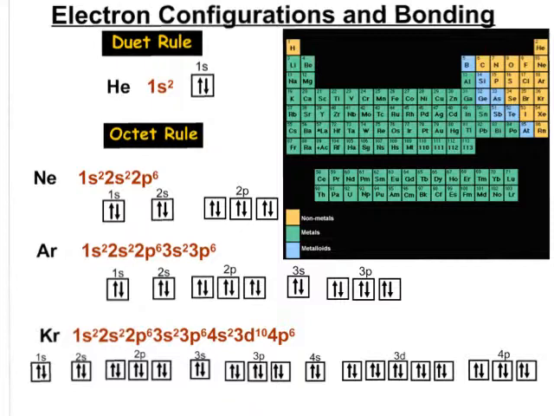So, for example, neon, if we look at the electron configuration and the orbitals here, we can see it has 8 electrons in its outermost shell. Here the third principal quantum number contains 8 electrons, and the fourth, the outermost shell here, contains 8 electrons. That's krypton, and these all happen to be noble gases.